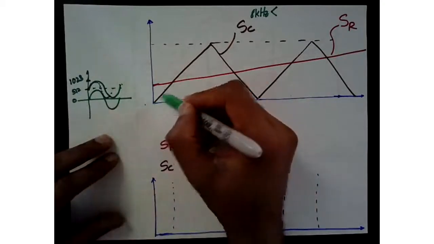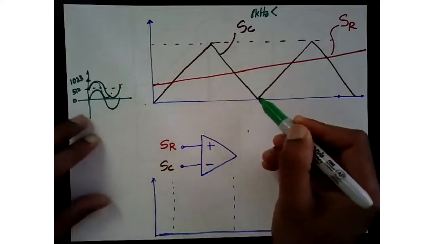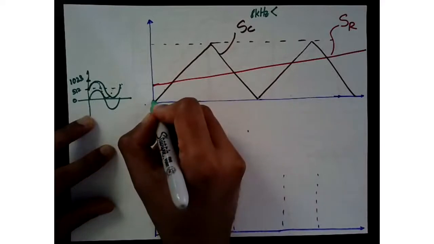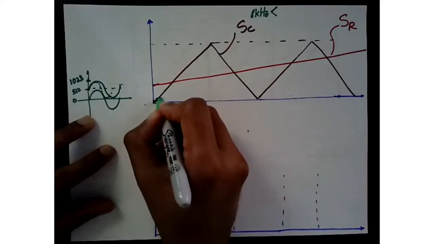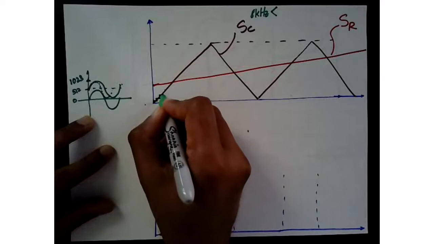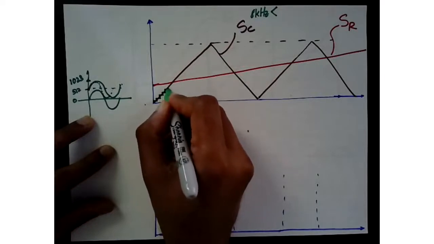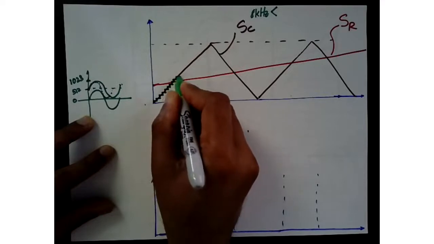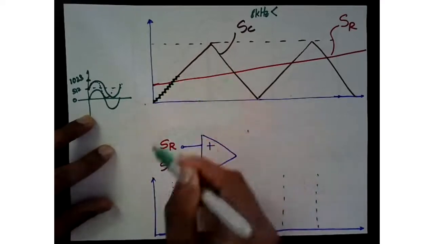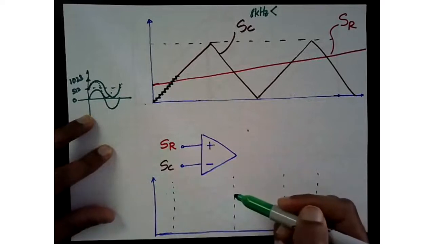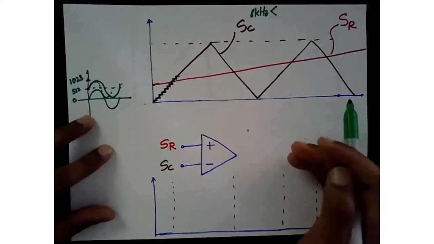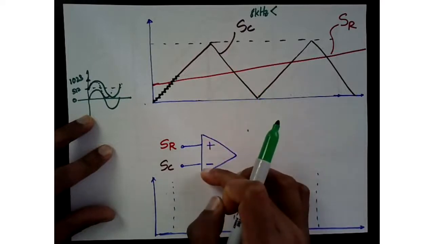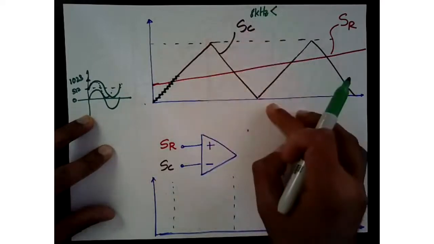The triangular waveform is generated using a timer, a counter inside the timer unit. If you look closely at this signal, it is incrementing slowly, step by step. Then you'll have a comparator inside your timer unit or the PWM generation unit, which compares your reference with the carrier, or the triangular waveform.